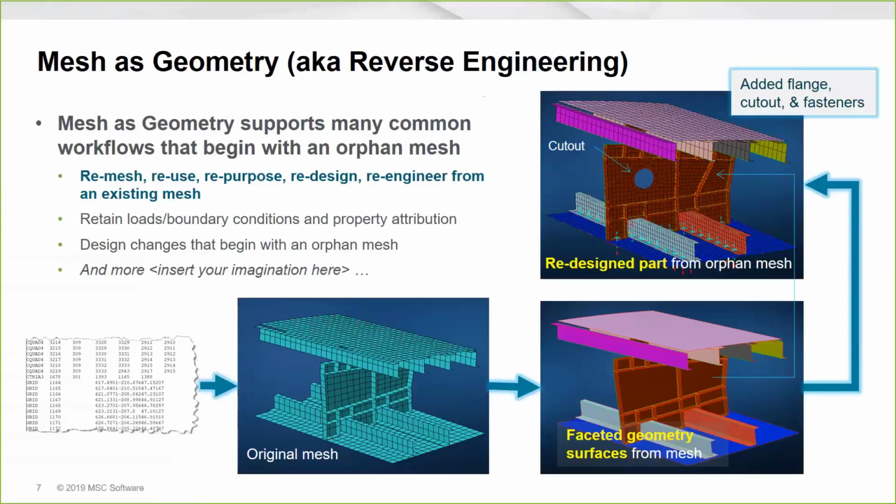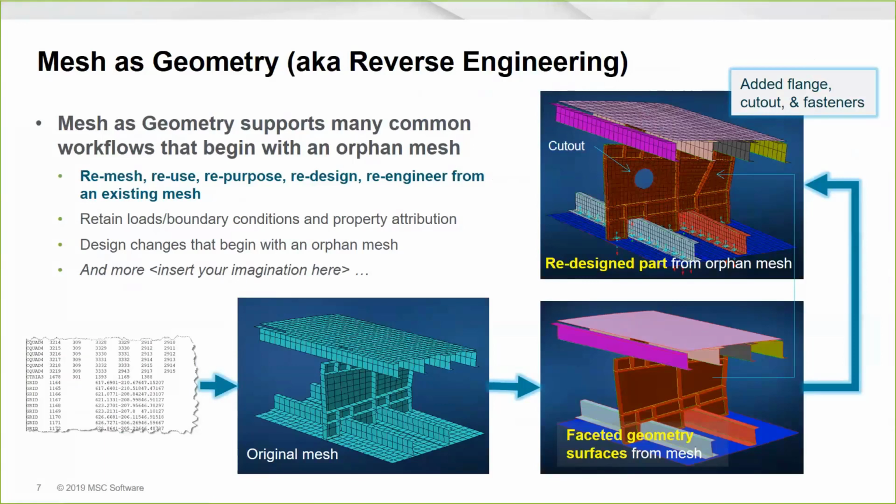So once again, to reiterate, mesh as geometry is a way of supporting many common workflows that begin with an Orphan mesh, and it's going to allow you to, my theme for today, remesh, reuse, repurpose, redesign, and re-engineer from an existing mesh.